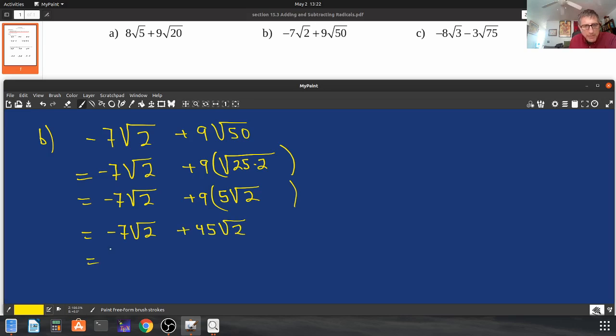So now I have minus 7 of something and I add to it 45 of that something. So this is 45 minus 7 of the square root of 2, which is equal to 38 on the square root of 2. We've done that one, so let's do the next one.